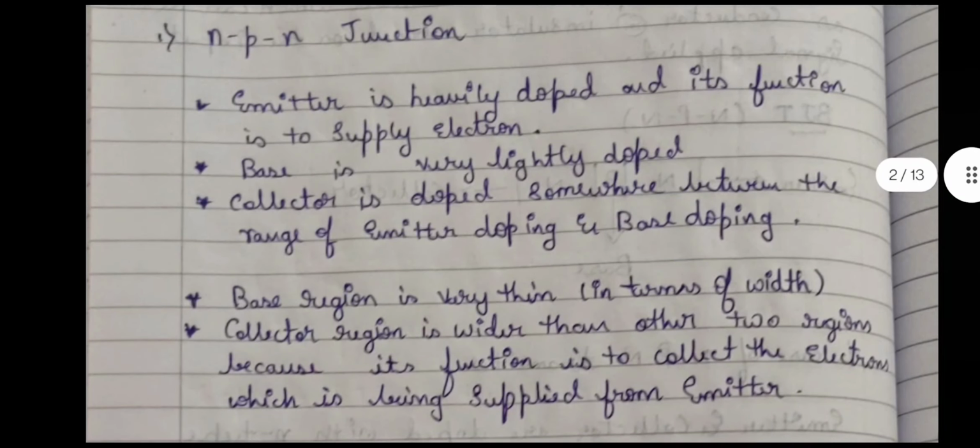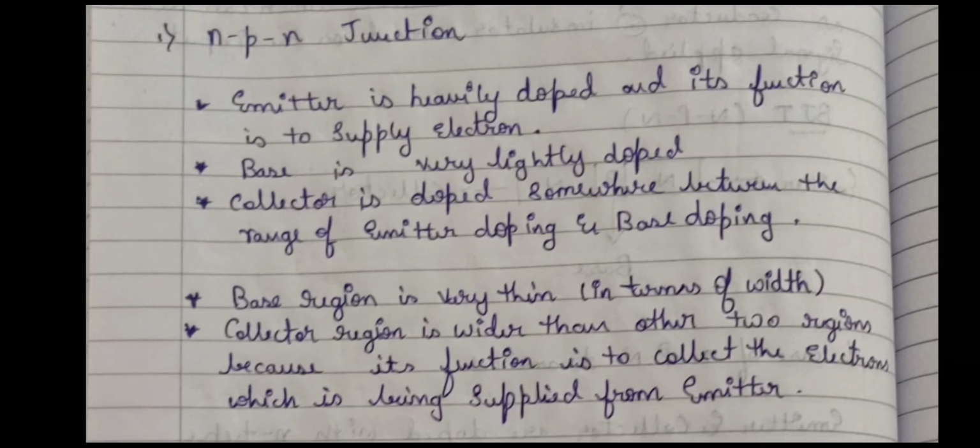So here are some of the characteristics of an NPN junction transistor. A BJT transistor with an NPN junction configuration should be like this in order to work actively. So emitter should be heavily doped and its function is to supply electrons.